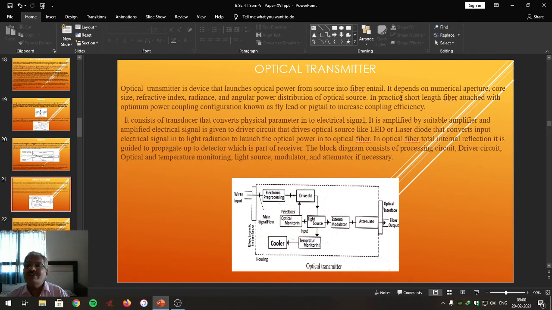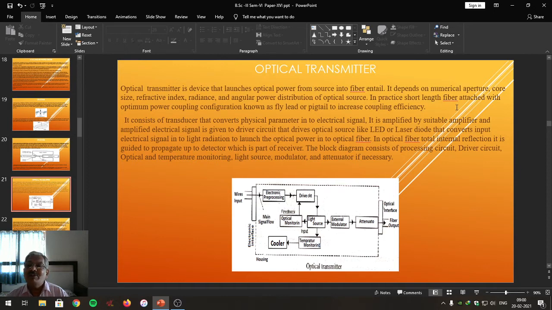In practice, a short length of fiber is attached with an optimum power coupling configuration, known as a fly lead or pigtail, to increase the coupling efficiency.